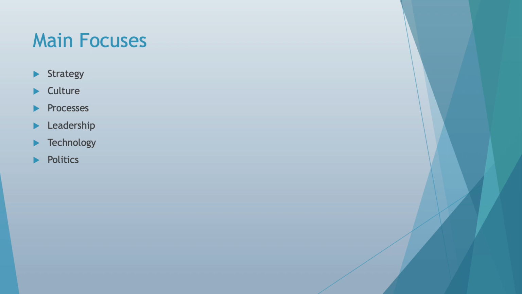The third is going to be processes. And these look at what are the processes for capturing that knowledge, organizing it, and sharing that knowledge throughout the company. The fourth is going to be leadership. And leadership is going to focus on who is spearheading this knowledge management implementation.